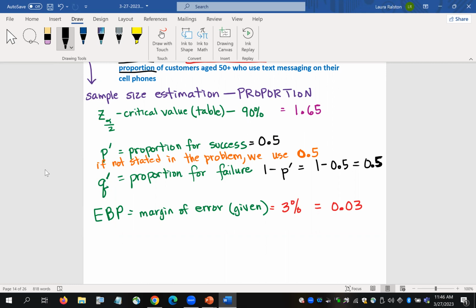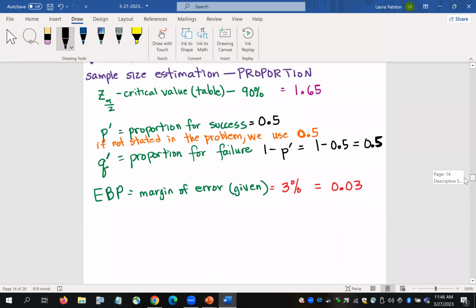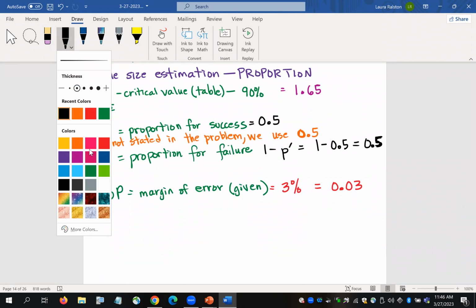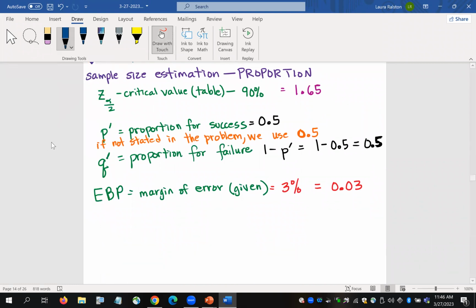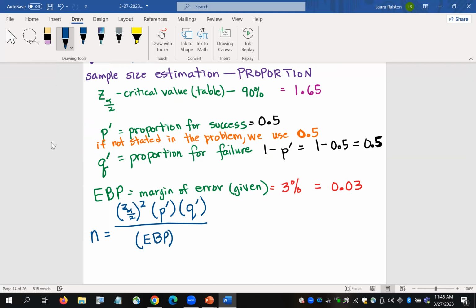So this one's a little bit trickier because you have to get that information converted to decimal form, but then it becomes a straight, flat out substitution problem. Now this formula looks a little bit messier. Okay, so the formula is the sample size should be your critical value squared times the proportion of success times the proportion of failure divided by your margin of error squared.